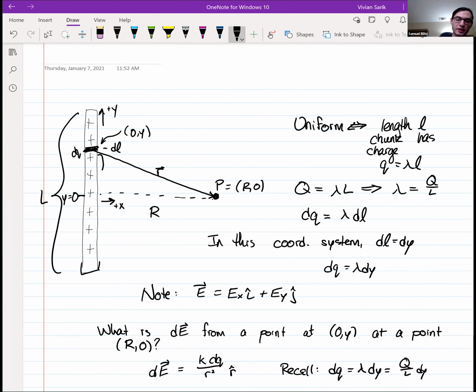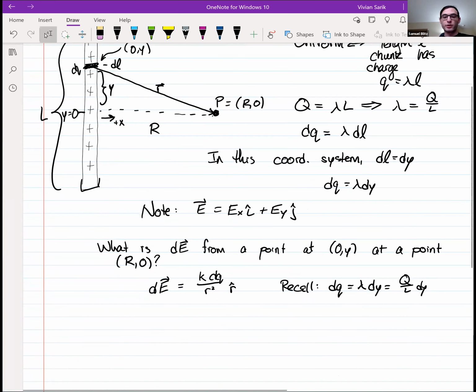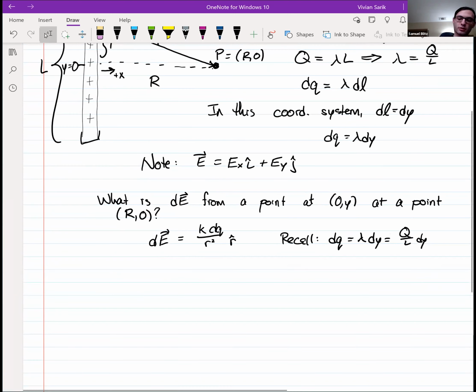So this distance here is y. The bottom leg of the triangle is capital R. So we can find the length of the hypotenuse. The length of the hypotenuse is the square root of y squared plus r squared.